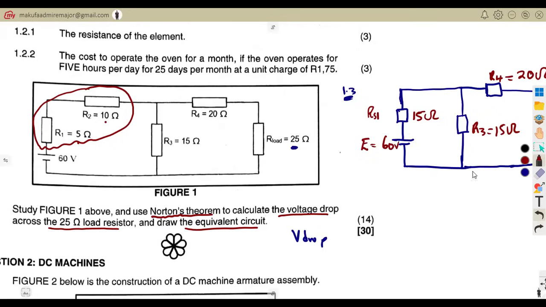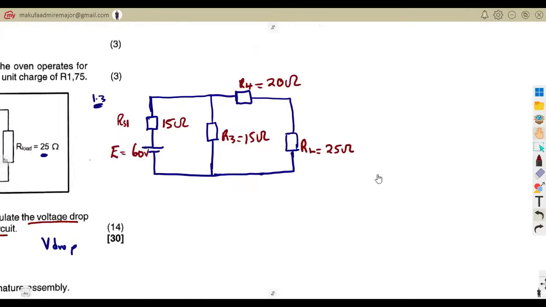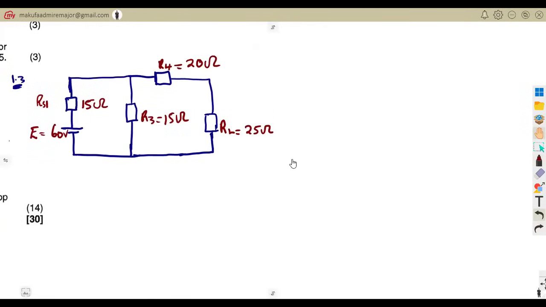So using Norton's theorem, remember the stages of your Norton's theorem. You can also consider the videos for industrial electronics, where I talked about Norton's theorem as an introduction. You need to calculate the short circuit current, which you can also refer to as your Norton's current.